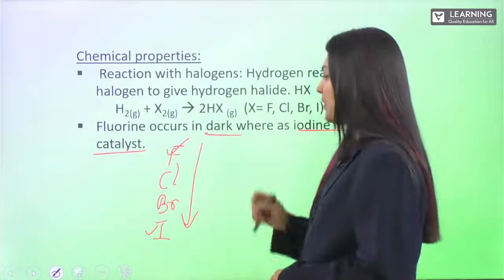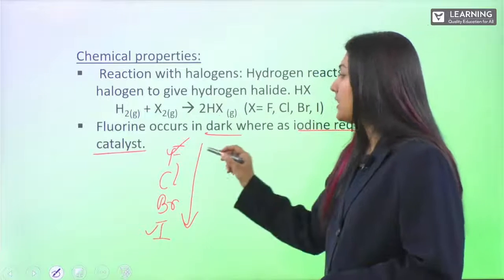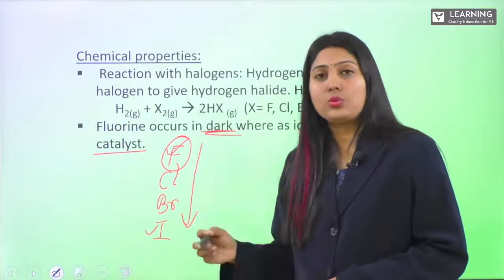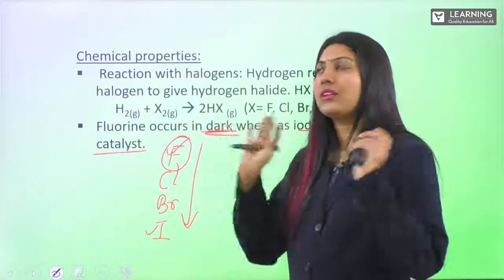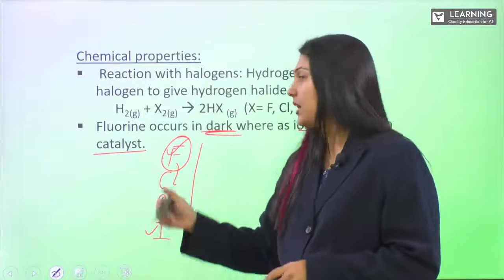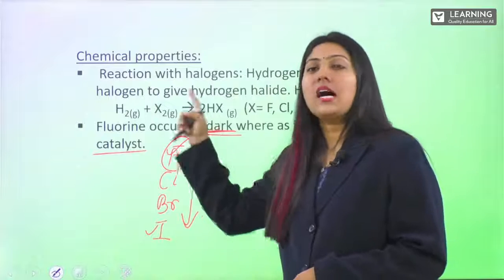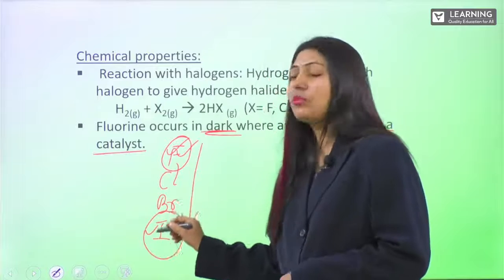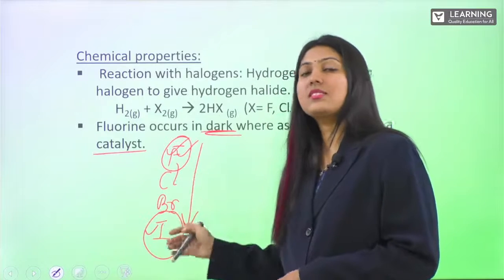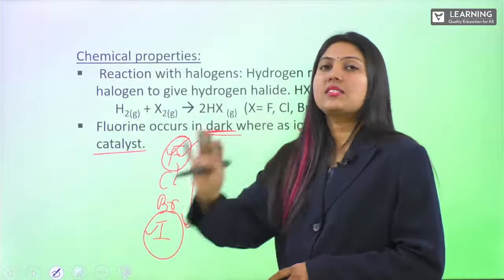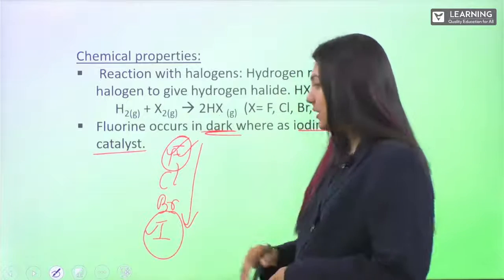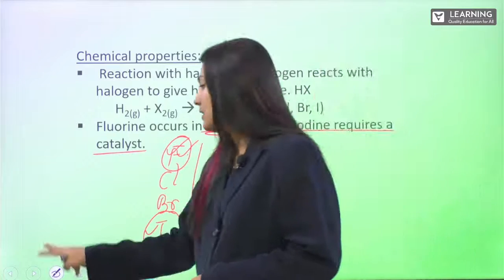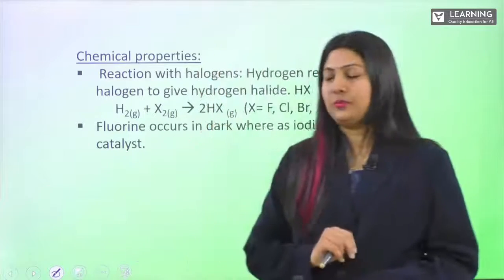So fluorine can react with hydrogen in a dark bottle or a dark room, whereas iodine requires some other chemical to enhance the reaction. So fluorine is more reactive and iodine is least reactive with hydrogen.